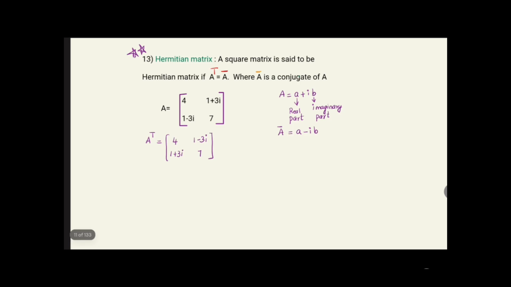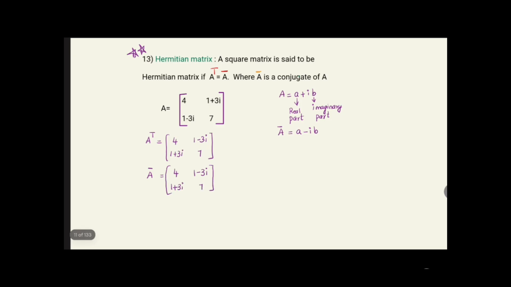We have to write down A bar for this question. So A bar is equal to, simply change the sign of the imaginary part. Here it is a constant, this is a real part. Here 1 plus 3i will become 1 minus 3i. Okay, and this becomes 1 plus 3i. And this is a real part.